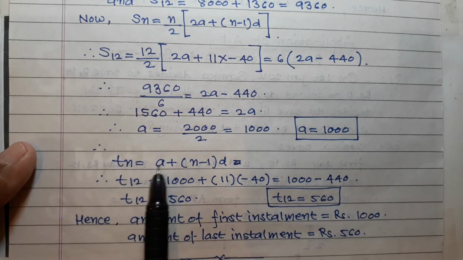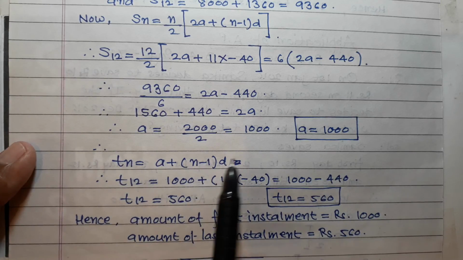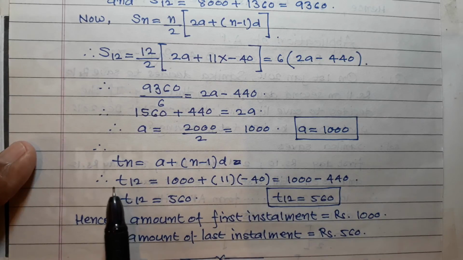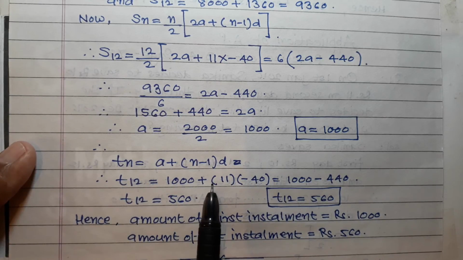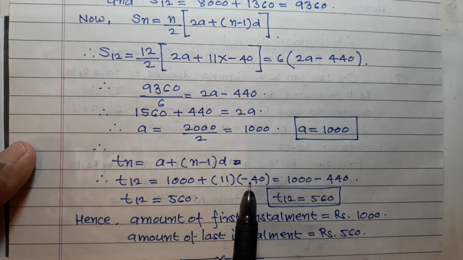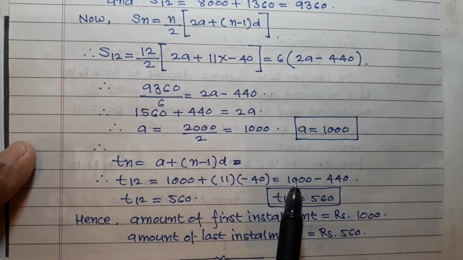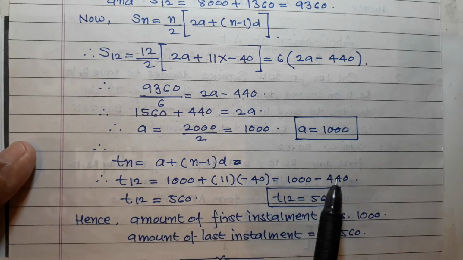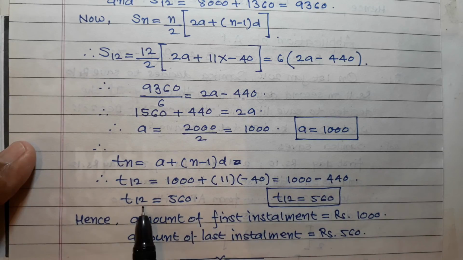So Tn is equal to a plus n minus 1 into d. T12 is equal to 1000 plus 11 into minus 40 is equal to 1000 minus 440. So T12 is equal to 560.